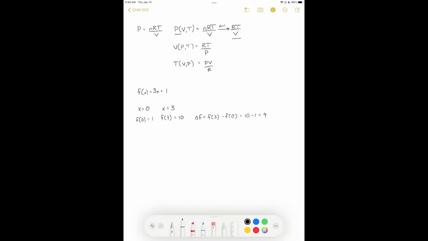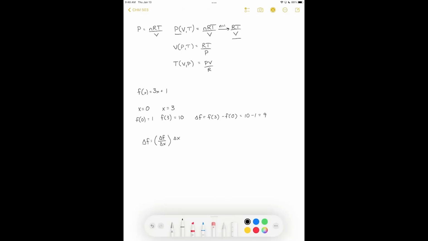There's another way that we can actually solve this problem. And what we're going to do is the following. We are going to say that delta f is equal to the change in f with respect to x times the extent of x change.